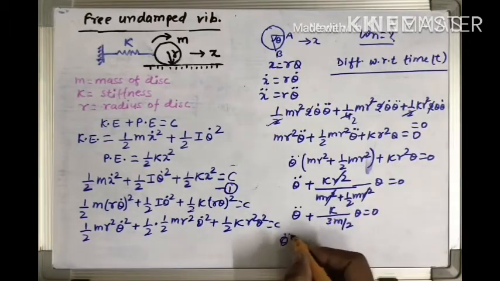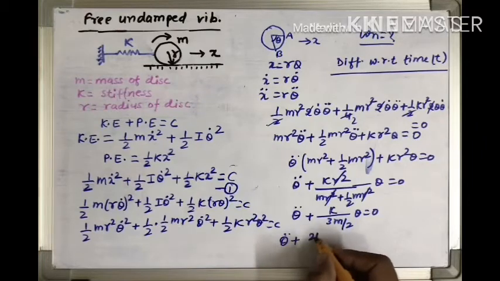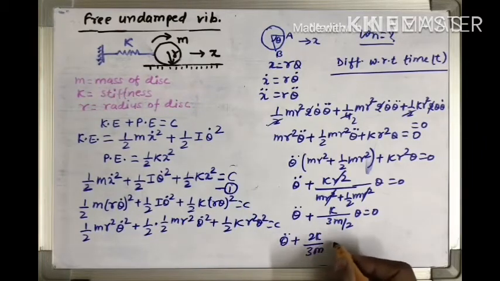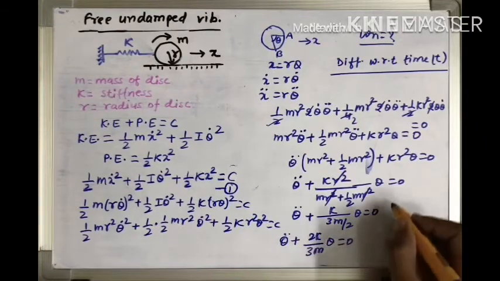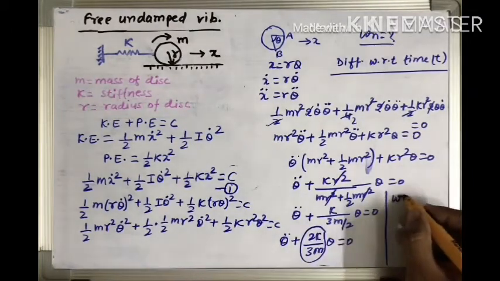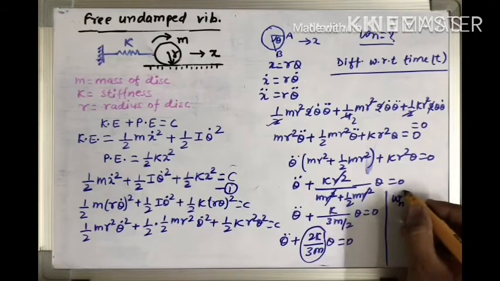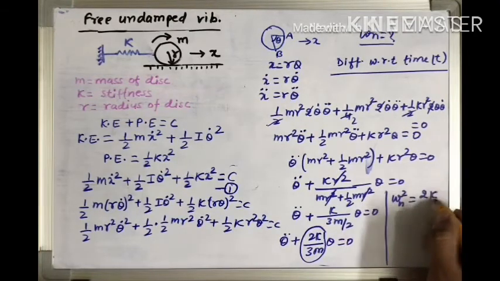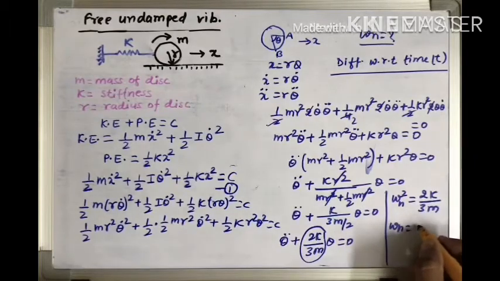Or you can write theta double dot plus 2k by 3m theta is equal to 0. Now this is the square of the natural frequency, so omega n square is equal to 2k by 3m. So we can write omega n is equal to root under 2k by 3m.